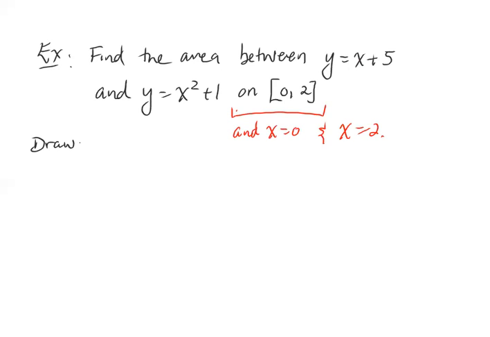If I graph those functions, I'm only considering this from 0 to 2, so I'm not going to go to the left of the y-axis. I know that the graph of y equals x plus 5 is the graph of a line. It has a y-intercept at 5 and a slope of 1 over 1. So it looks something like this.